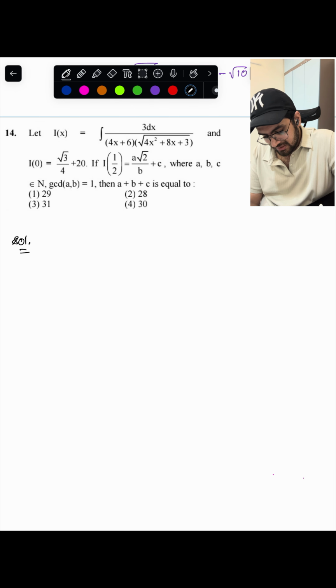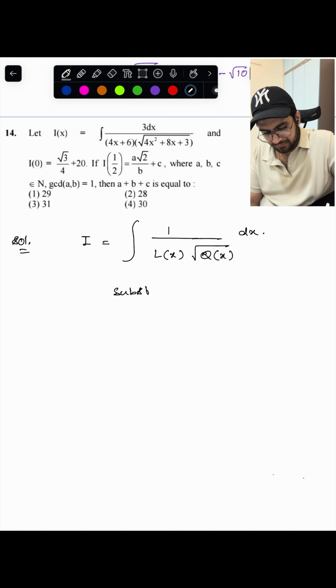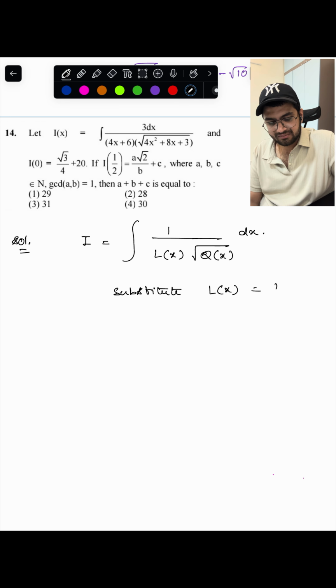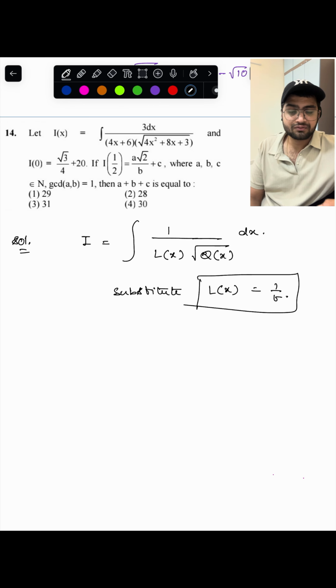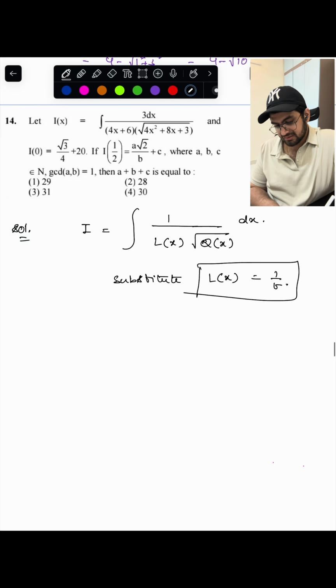Whenever the integration is of the form 1 by a linear of x into the square root of a quadratic of x dx, what we have to do is substitute that linear of x as 1 by t. Then everything will fall in place and you will get the answer clearly. So let's try this method.